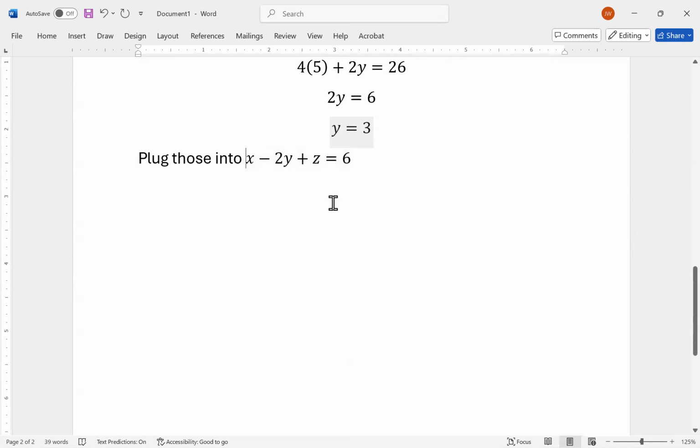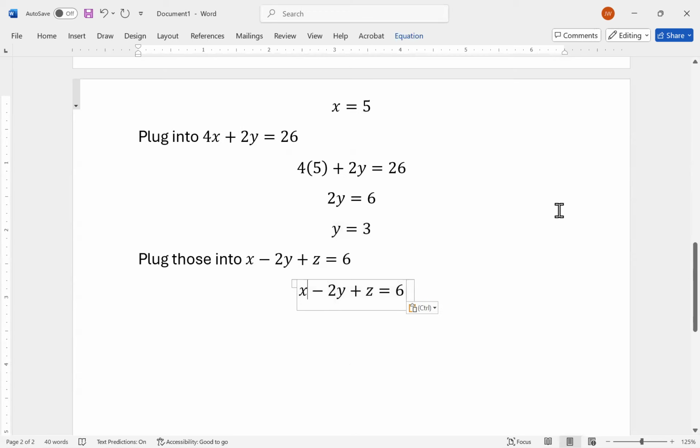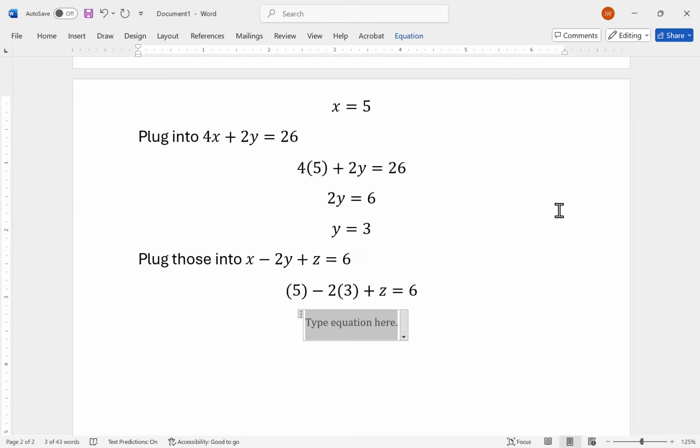The x was 5. The y was 3. When I combine like terms, I get -1 plus z is equal to 6. So that means that z is equal to 7.